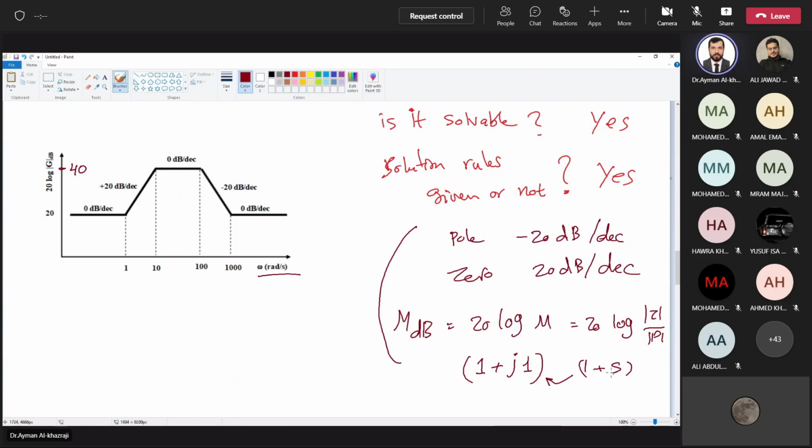You remember 1 plus j omega over omega c. This will give me the corner frequency when omega equals omega c. So what is the corner frequency here?